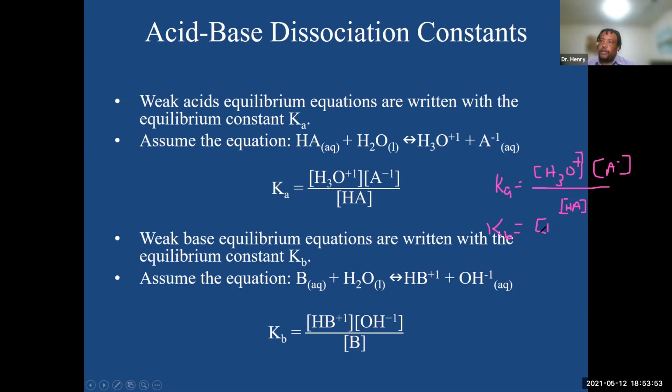So instead of using A, we're going to use A minus for our species down here. We're going to have HA.